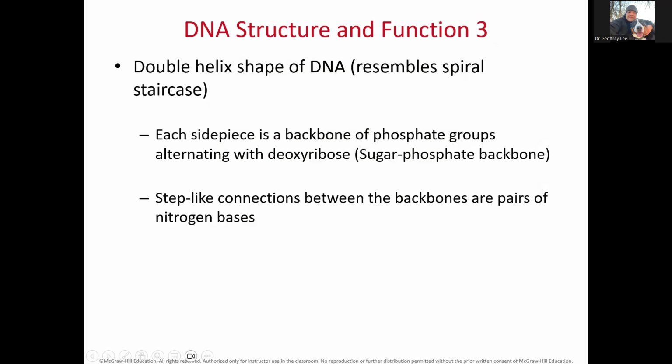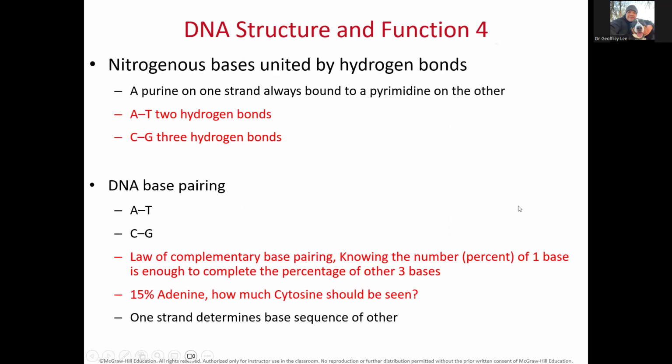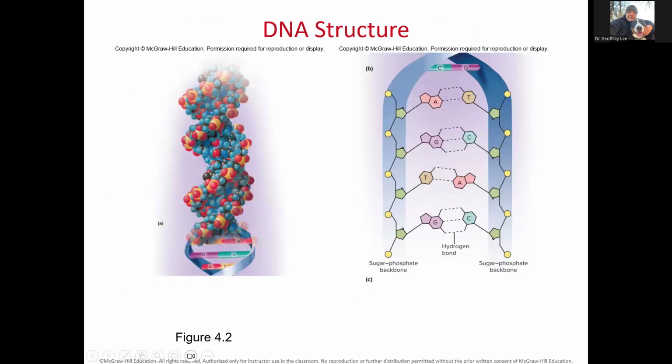The double helical shape of DNA resembles a spiral staircase. The side piece is a backbone of phosphate groups with deoxyribose. We call this the sugar phosphate backbone. The main megastructure, the ribbons found in our double helical strands, is due to our sugar phosphate backbone. Probably easier to see it: here are the ribbons, in DNA wrapping around each other in this double helical structure.